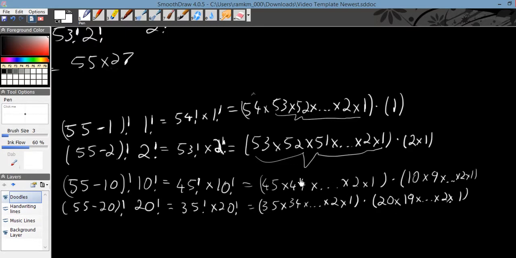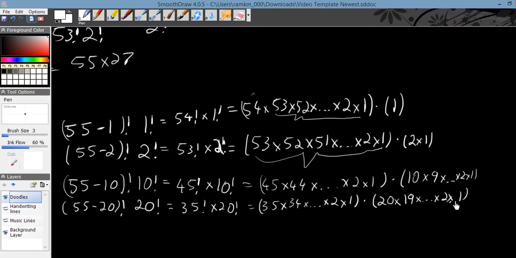Both of these contain 20 other factors. This top one contains 10 factorial, so 10 times 9 times 8, and so on, times 2 times 1. And then integral factors between 45 and 36. So 45 times 44 times 43, and so on until 36.